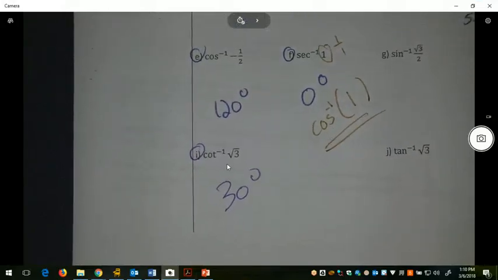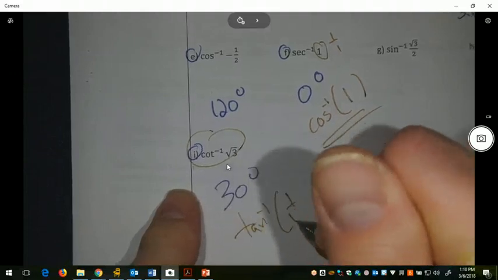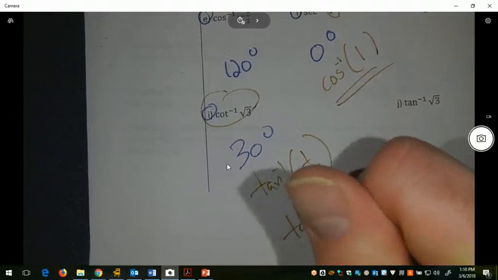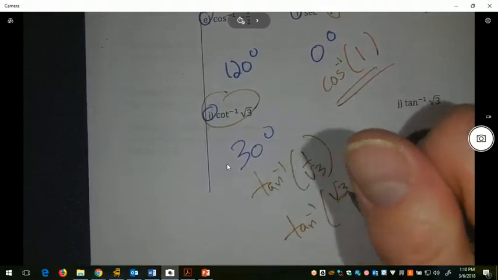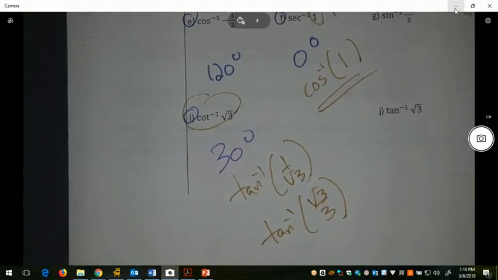And then lastly, cotangent. If cotangent is this, that means its reciprocal function is 1 over the square root of 3. So we need to rationalize that denominator. That would be that its reciprocal function is square root of 3 over 3. And most of you have this on your unit circle from when we filled it out earlier.